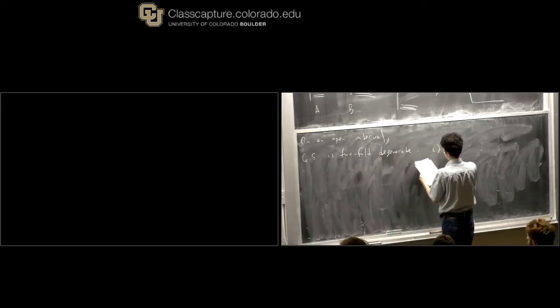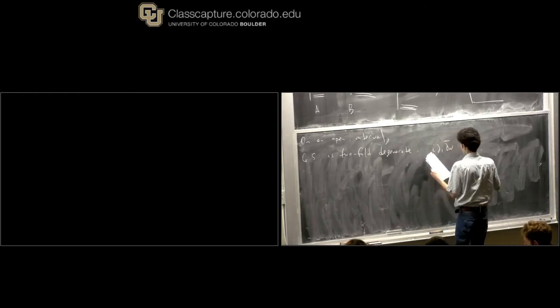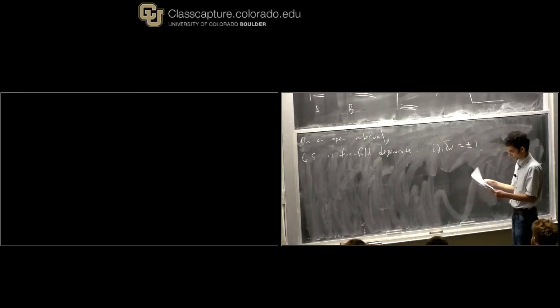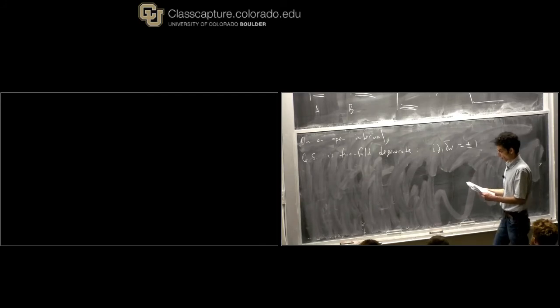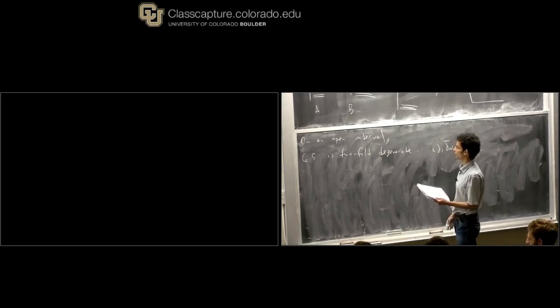I can have i gamma 1 gamma n bar equal to plus or minus 1. So for an open chain, the edge is gapless and the ground state is doubly degenerate.